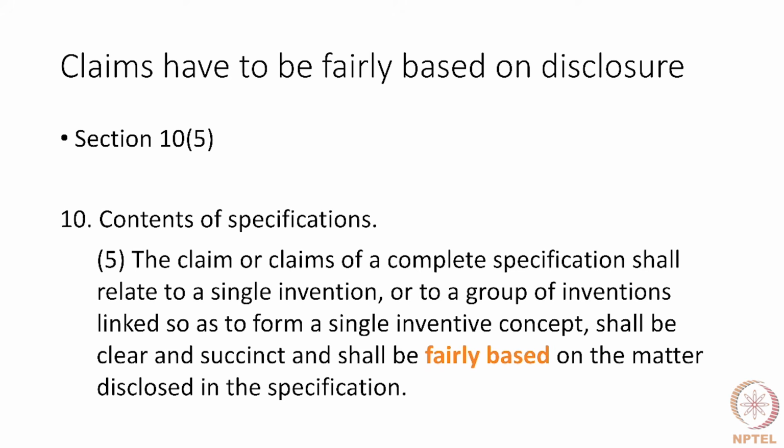Though the claims come at the end, it is not possible to claim something which you have not disclosed. And it is also not possible to claim something for which the disclosure does not enable a person. Now, that's another requirement. But whatever is claimed in a claim has to be fairly based on what you have disclosed in the application.